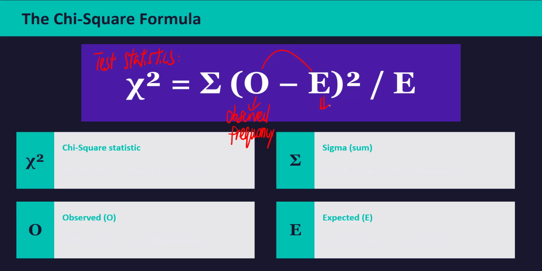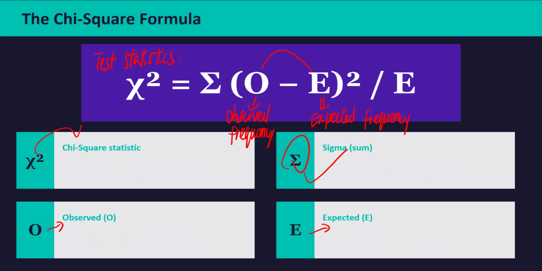E means expected frequency. Sigma means sum up all these squared differences over E. Okay. The O is always observed frequency, and the E is expected frequency.